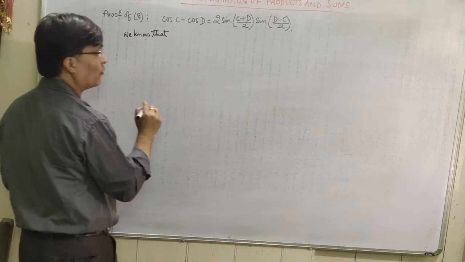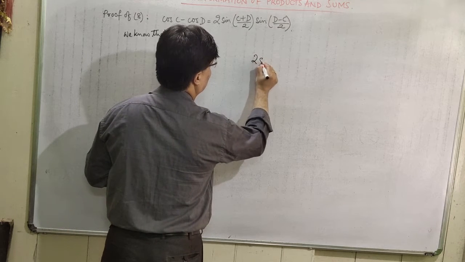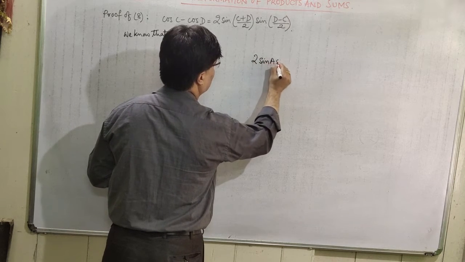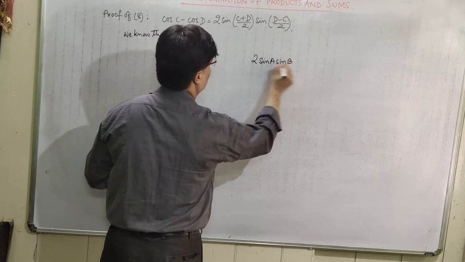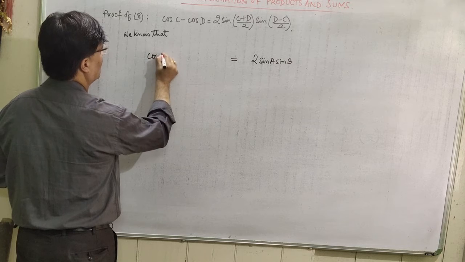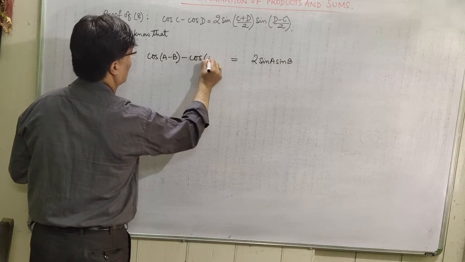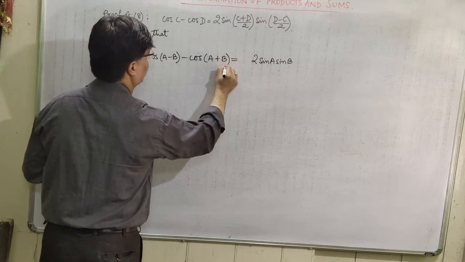What was formula number 4? You know that formula number 4, isn't it? That is 2 sine a sine b is equal to cos of a minus b minus cos of a plus b.